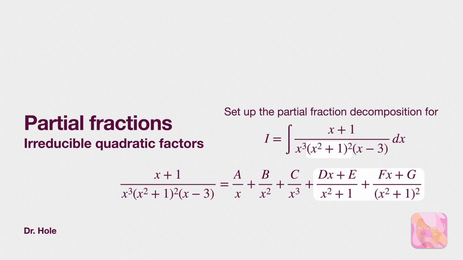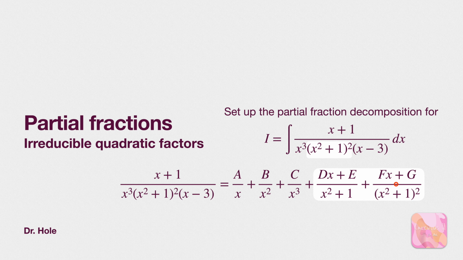Let's look at the repeated quadratic factor. We'll have that quadratic factor as a denominator. In the numerator, some unknown dx plus e. And then because it's repeated, we get one more term, the irreducible quadratic raised to the next integer power with a similar numerator, unknown f times x plus g.